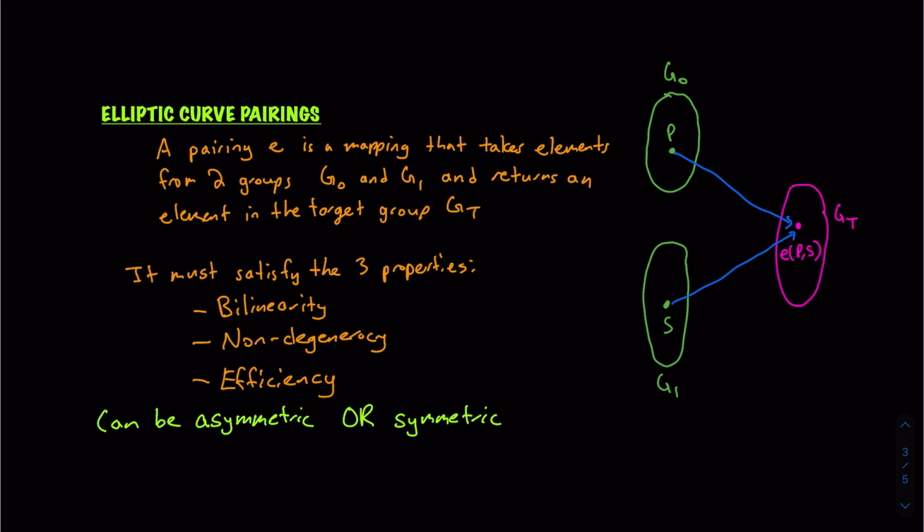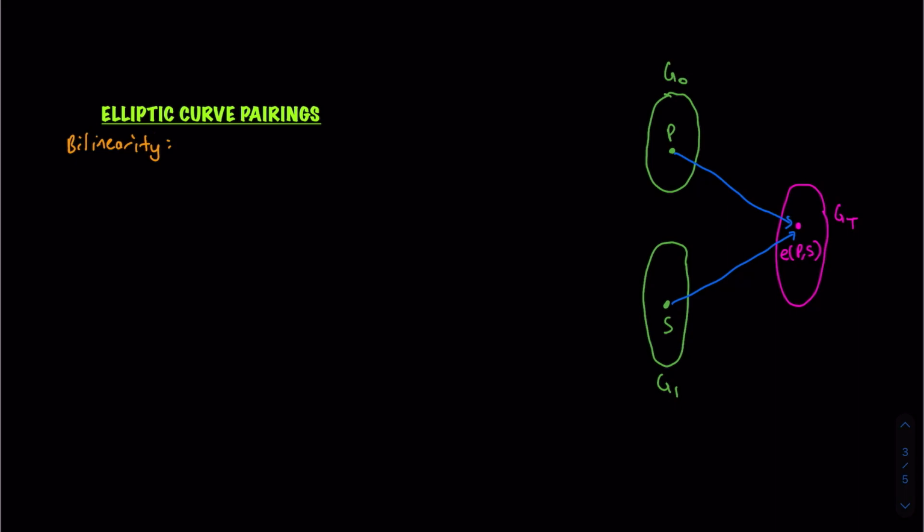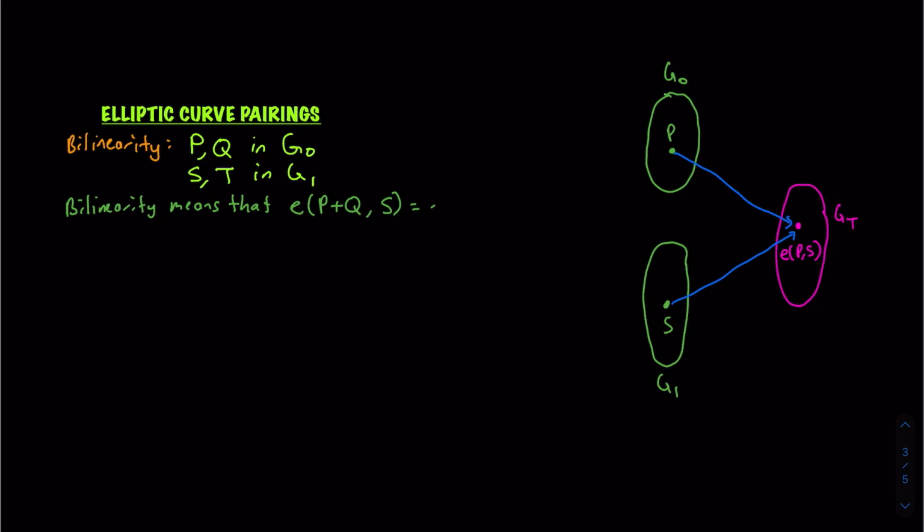Let's start with bilinearity. Let's assume that we have points P and Q that are in G0 and points S and T that are in G1. What bilinearity means is that applying E to P plus Q, comma S is equal to applying E to P and S times E of Q and S. It's also true for the second value as well.